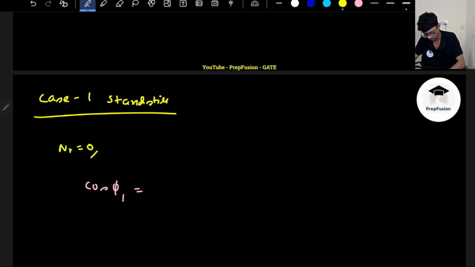If NR is 0, what is the slip? Slip is equal to NS minus NR divided by NS. NR is 0, so slip is 1.